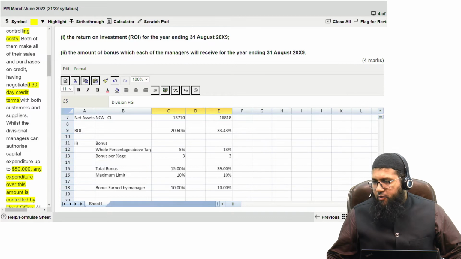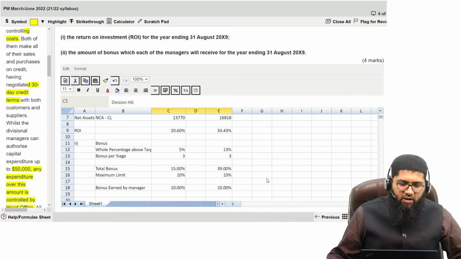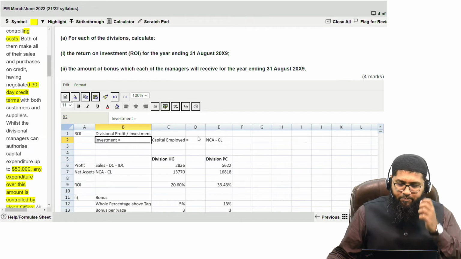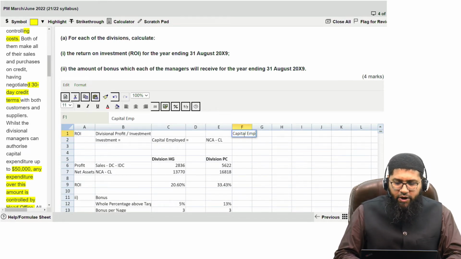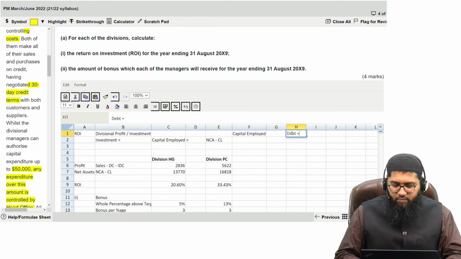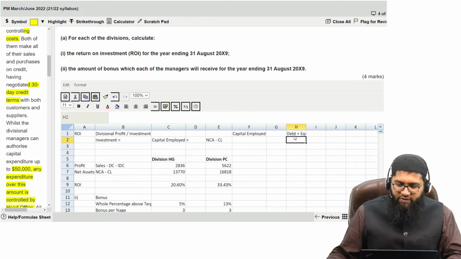How do I get the capital employed? Okay, there are multiple ways of calculating capital employed. The capital employed could be calculated as debt plus equity. That's one way of doing it.